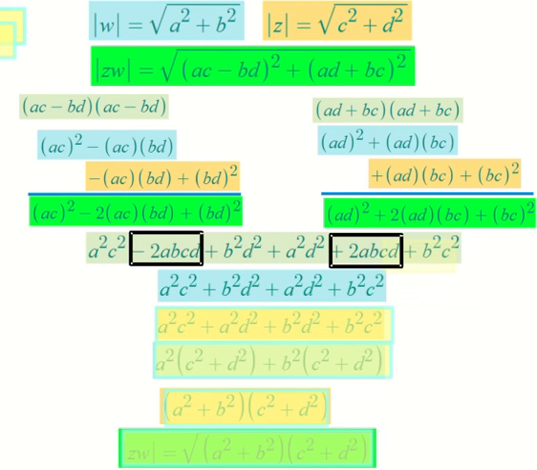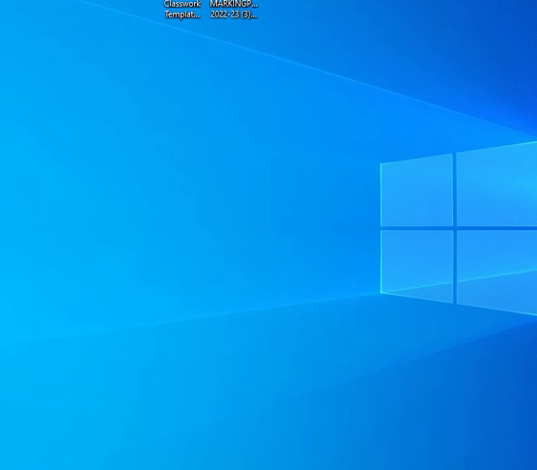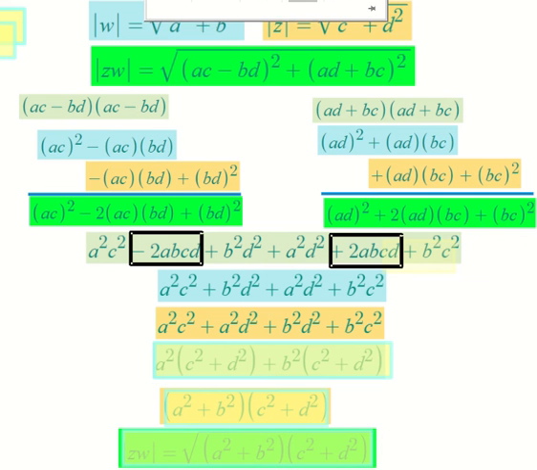We can change things, manipulate them so that we can clean it up and get rid of some of the junk. So if you notice, I've got an a squared here, and I've got another a squared over here. So I want to move these two middle terms so that I get the a's together. When I do that, I've got the a's on the left, and I've got the b's on the right.